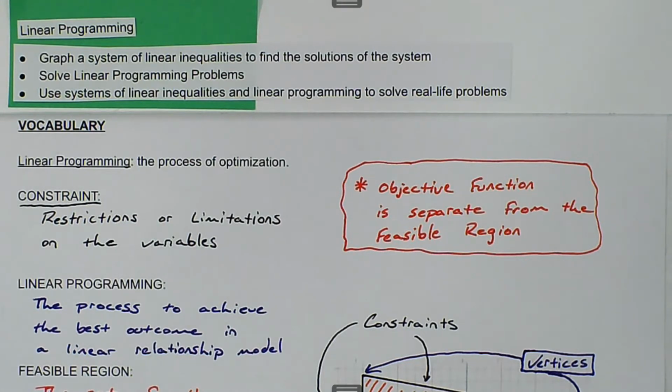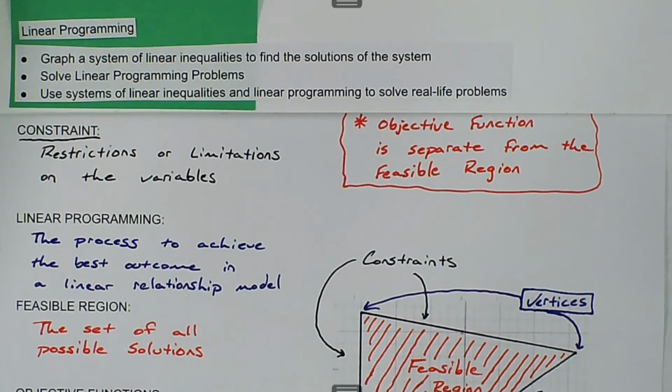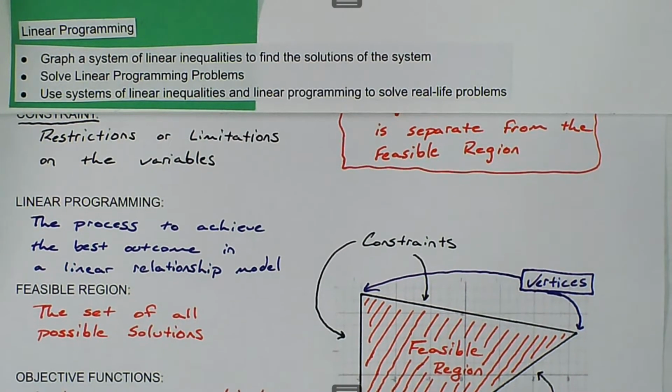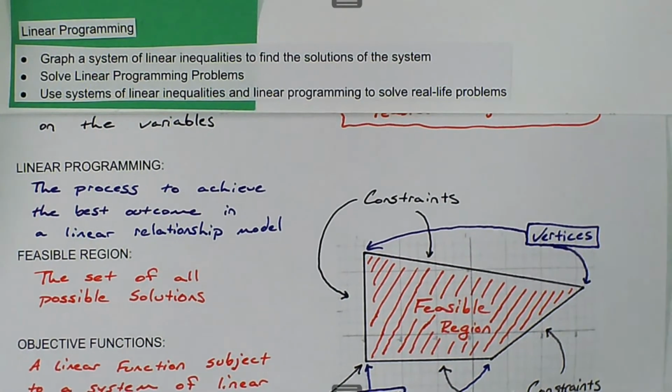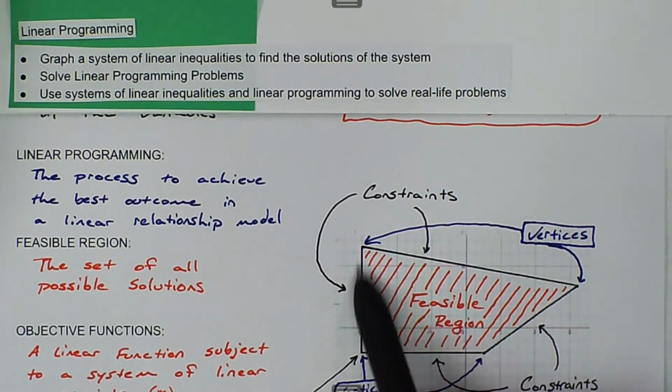So here we have the vocabulary. Linear programming is the process of optimization. And then we have constraints. Constraints are restrictions or limitations on the variables. So in this case, our constraints are these inequalities here.